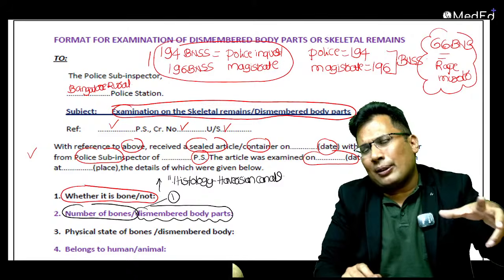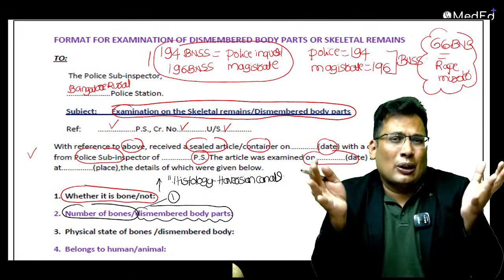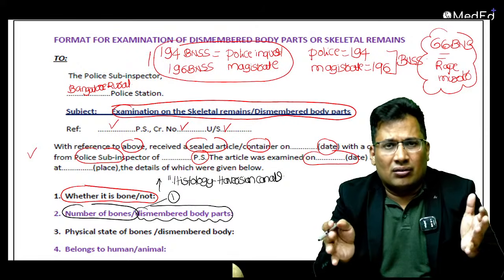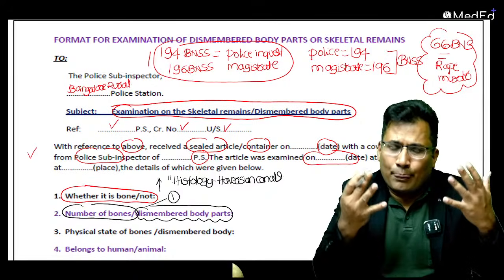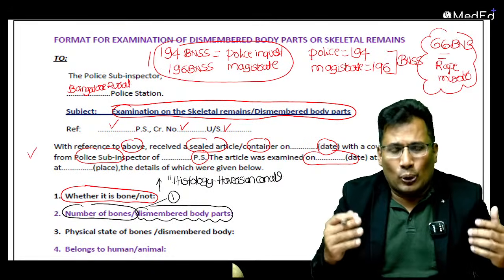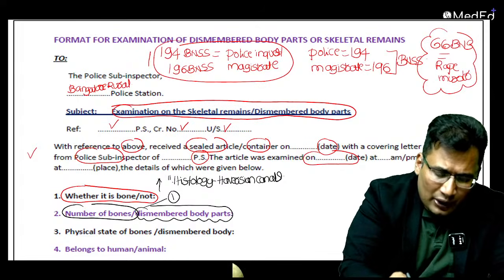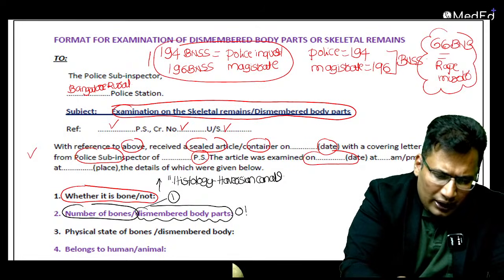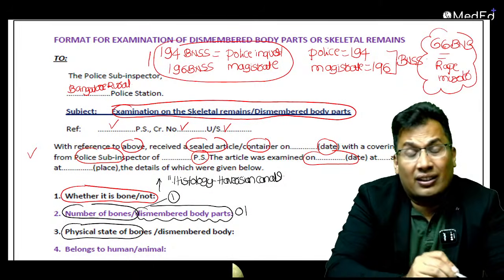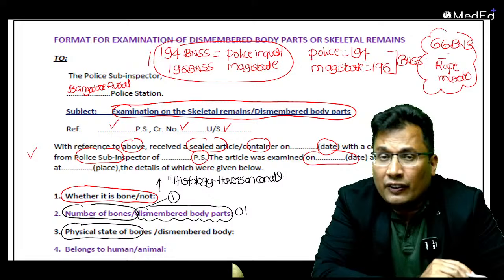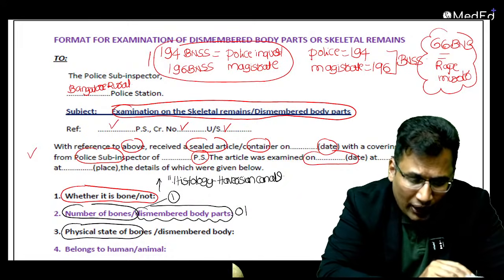Sometimes in forensic medicine, the police do come with dismembered body parts, like skull or upper limb, lower limb, or partial part of the body. Okay, you can mention one, usually one in exam. Physical state, whether they are dry, soft tissue present or absent, any signs of putrefaction, yes or no, you can mention.